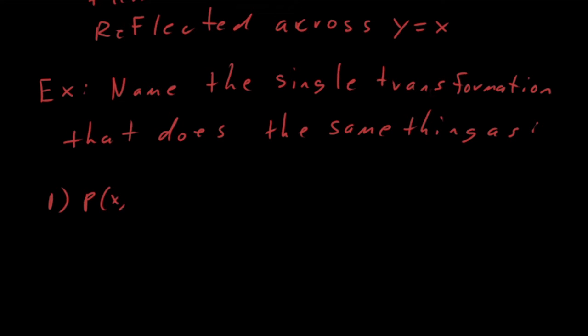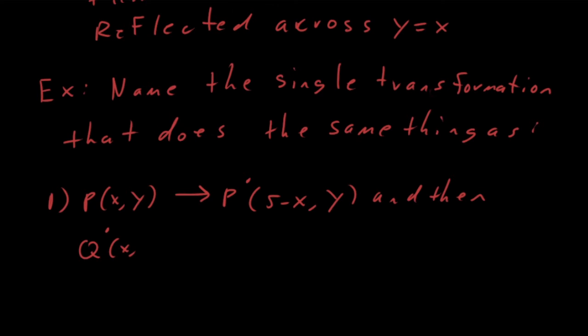So first one is P of x, y going to P prime 5 minus x, y, and then Q prime x, y goes to Q double prime x minus 4 and y plus 2.